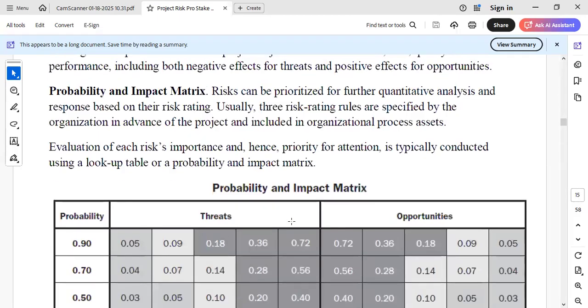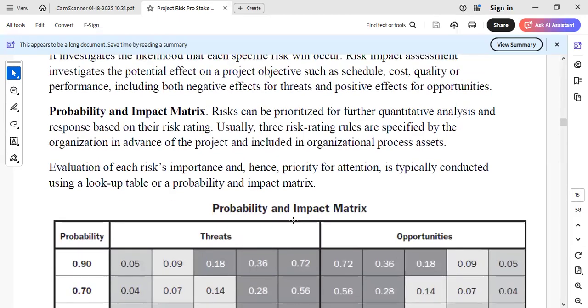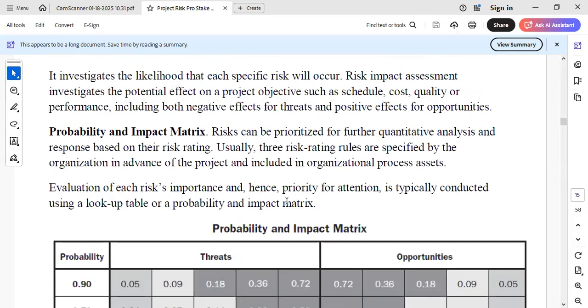Okay, now let's take a look at the probability and impact matrix. When we talk about risks being prioritized for further quantitative analysis and response based on the risk rating, we can be looking at three different kinds of risk rating rules.